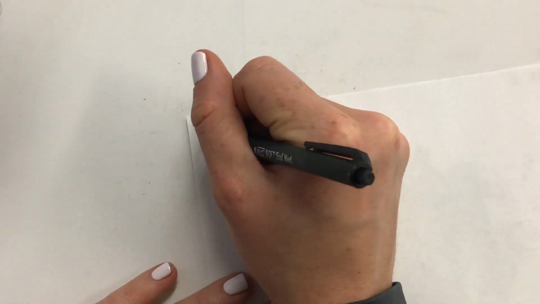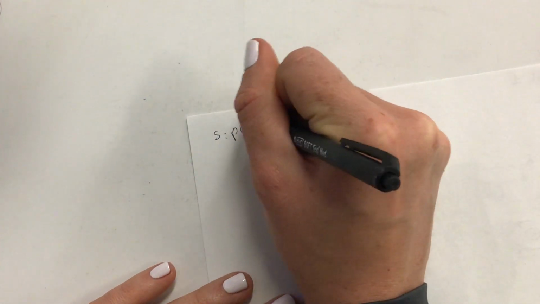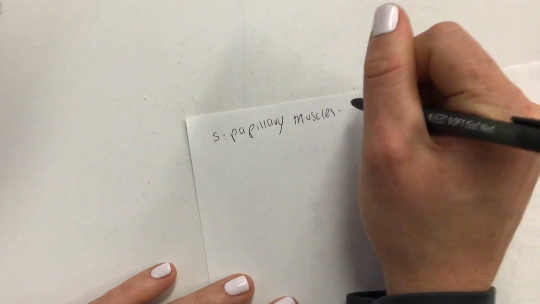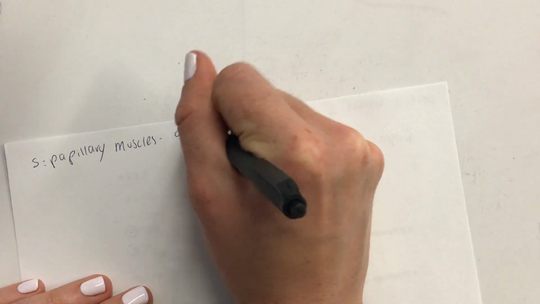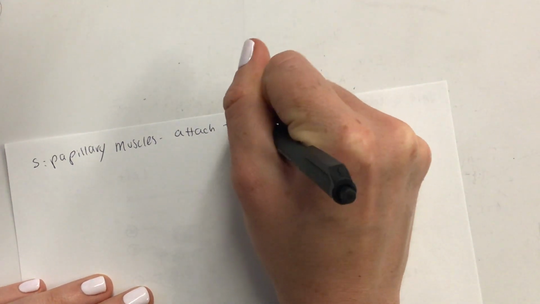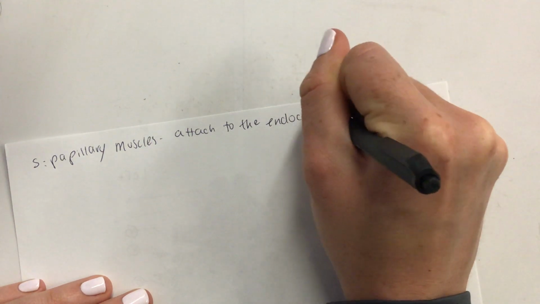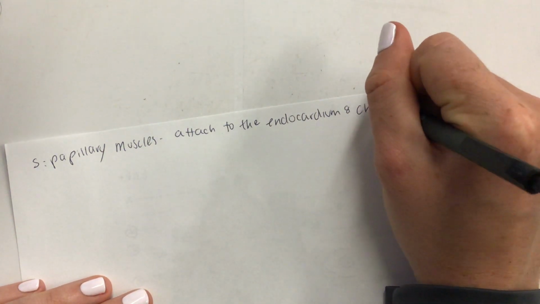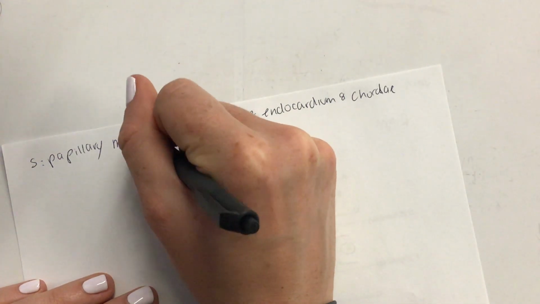I'm going to go onto the back for S. And these are called the papillary muscles. Okay? And the papillary muscles attach to the innermost layer of the heart, the endocardium. And on the other end, they attach to the chordae tendineae.